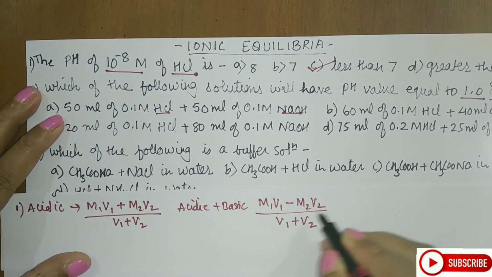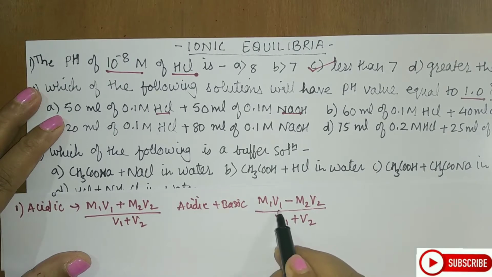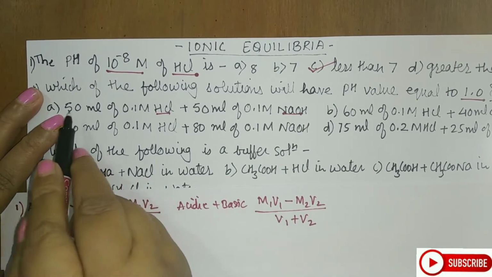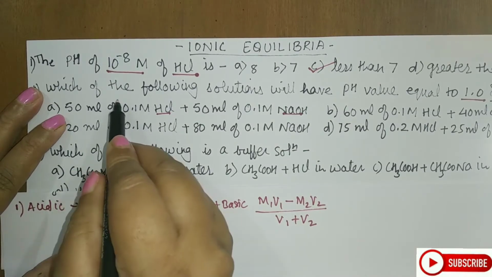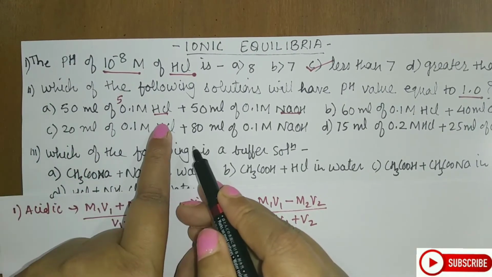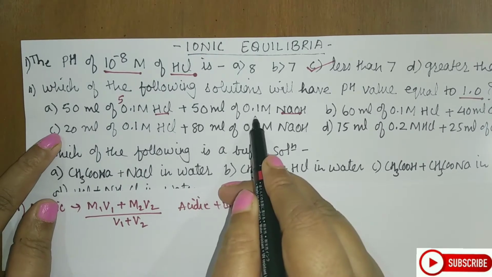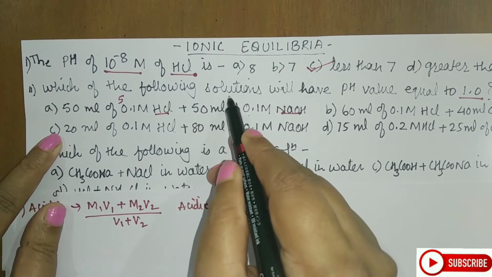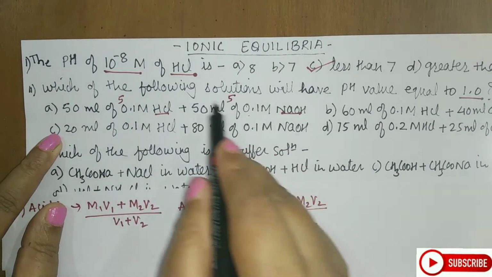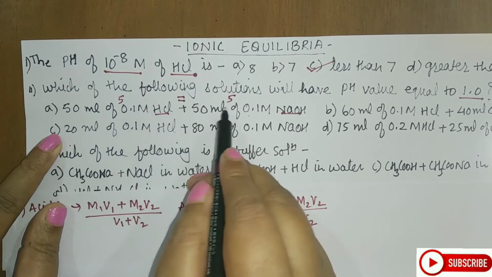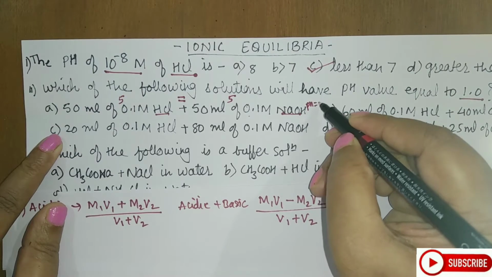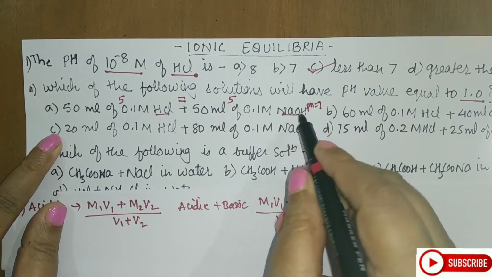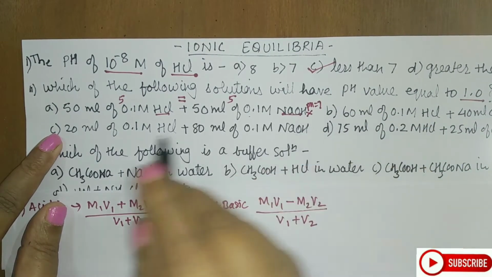So I will multiply this, so it is 50 into 0.1, this will give me 5 for HCl, and this is also 50 into 0.1, this will also give me 5. Means HCl and NaOH, both concentrations are the same here. So here the pH will be equal to 7 and that is neutral. So this option is now out for me.